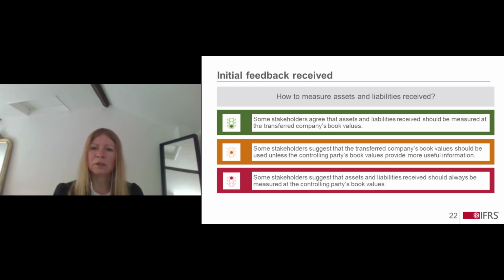These stakeholders point out that sometimes companies are acquired into the group and then are moved around within the group. And so they suggest that in such cases, it may be more useful to use the values at which the company entered the group, so to use the controlling party book values rather than the transferred company's book values.